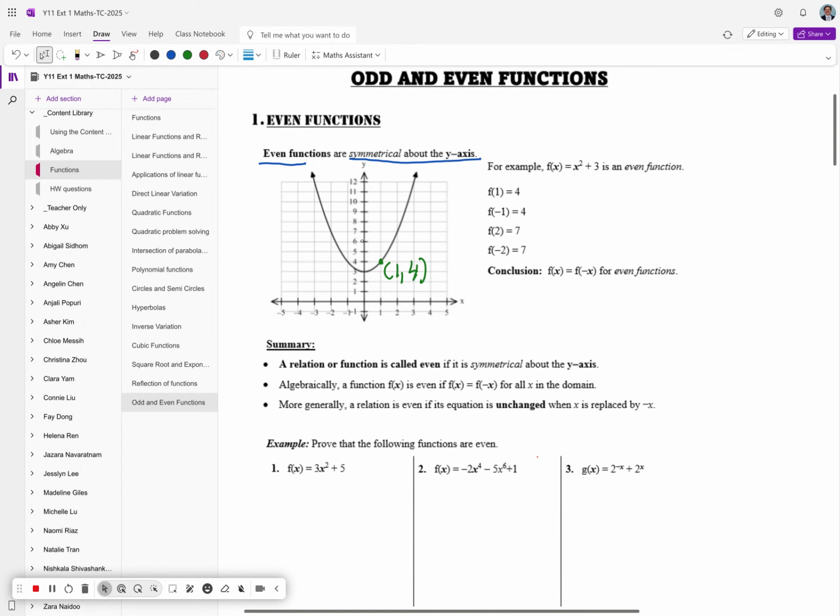And let's look at the mirror point, minus 1, 4. There we go. Okay, so we're looking at these 2 points, and we're going to compare that also to 7. And the other mirror point will be minus 2, 7.